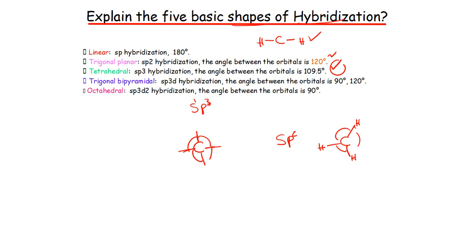Very important, this angle. They can ask you trigonal bipyramidal, so it means we have 5 of them. So we have carbon there having one bond on top, and also the other bond, then we have 3 on the side. So that is trigonal bipyramidal. There are 3 on the side.